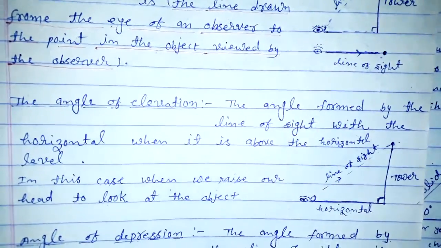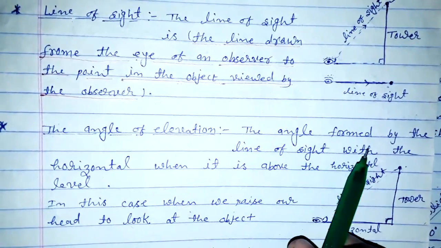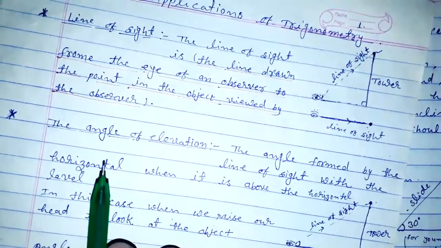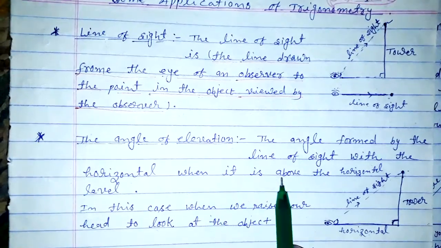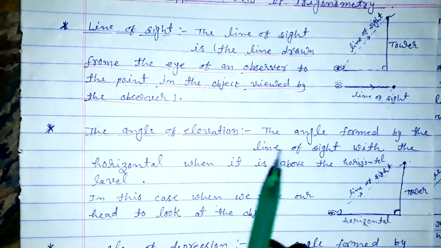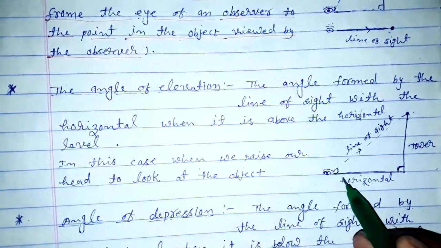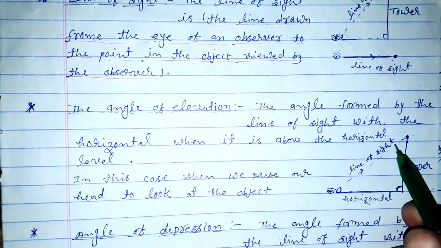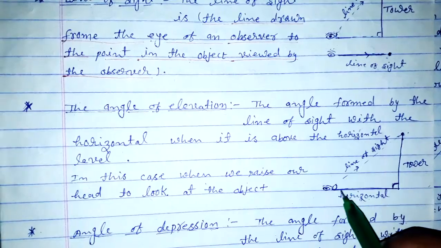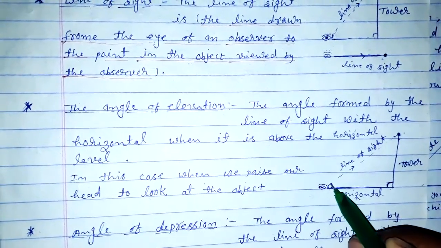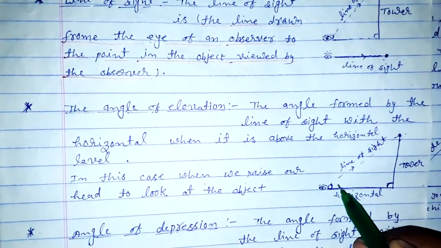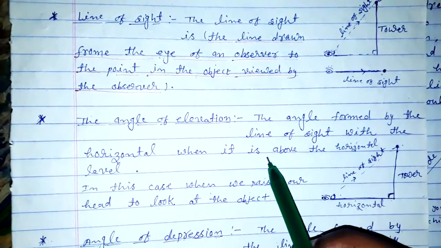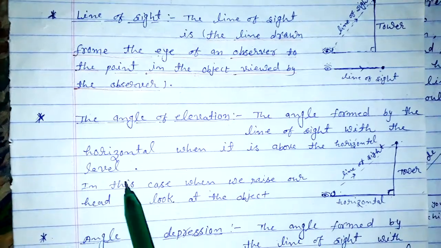The definition is: the angle formed by the line of sight with the horizontal when it is above the horizontal level. Means the line of sight and the horizontal line, this angle is the angle of elevation when the object is above the horizontal level.